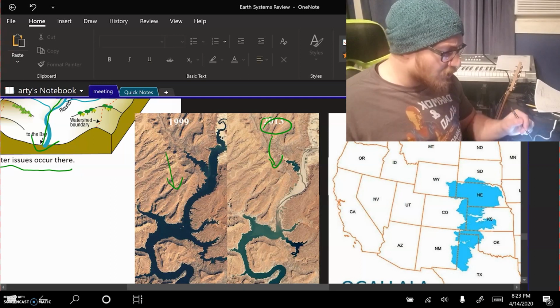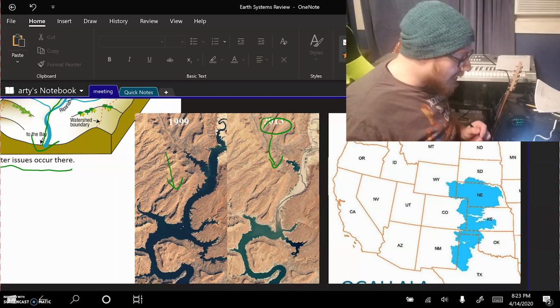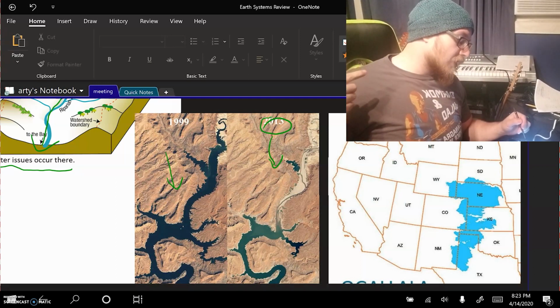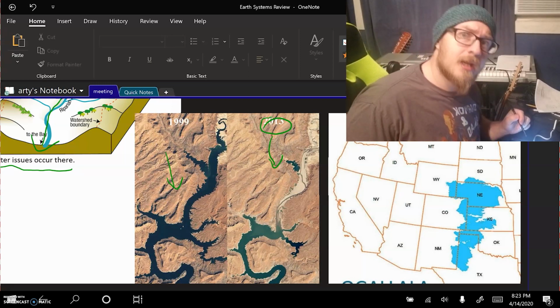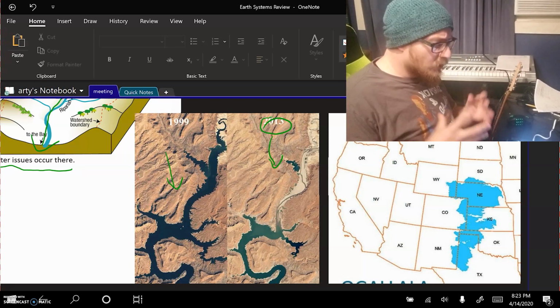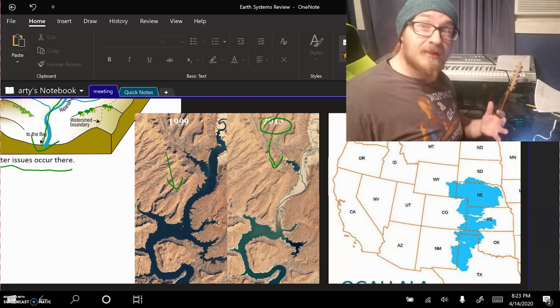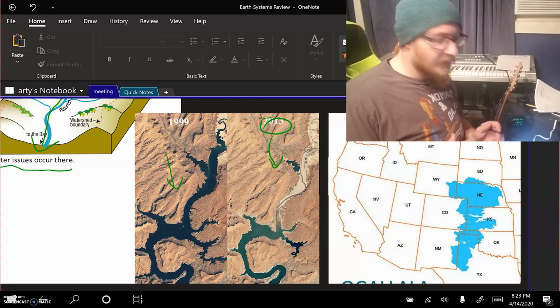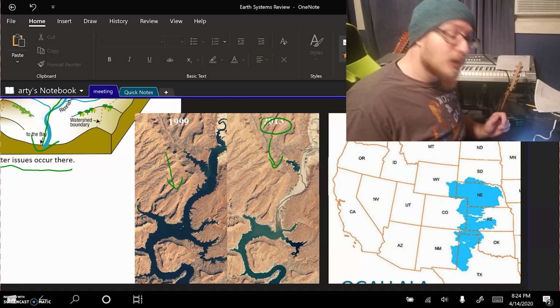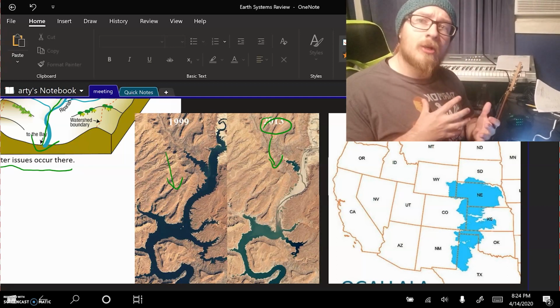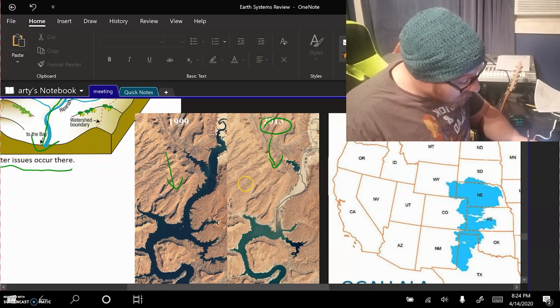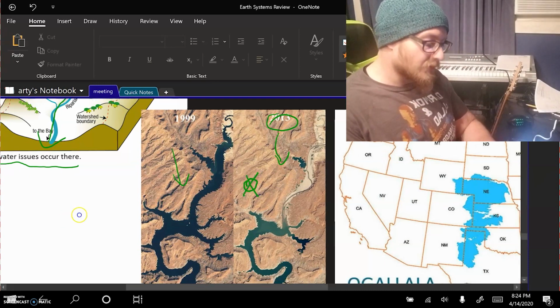It is the major source of water for Colorado, Nevada, Arizona, and we've been taking too much water out of that river. It's also the river that the Hoover Dam is on. So you end up getting a lot of water use, and it has depleted the water resources in the Colorado Basin.